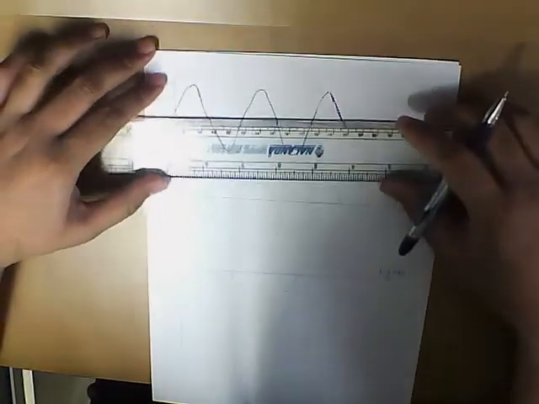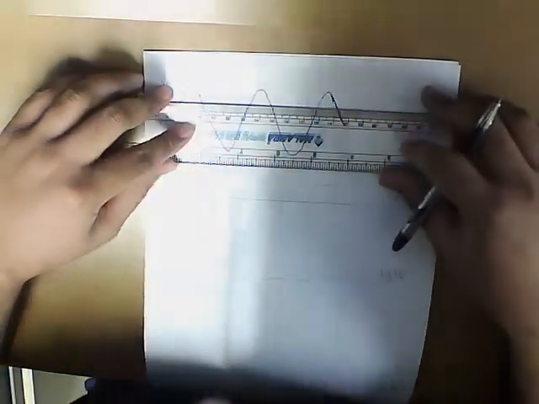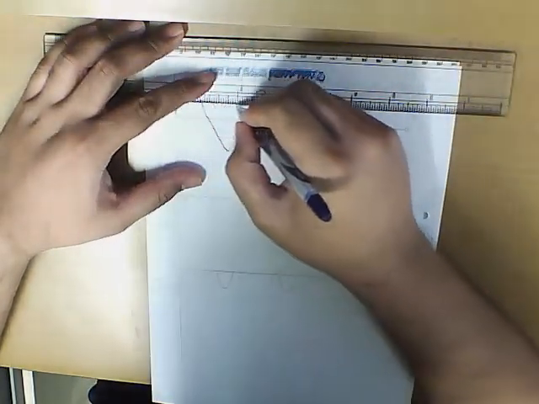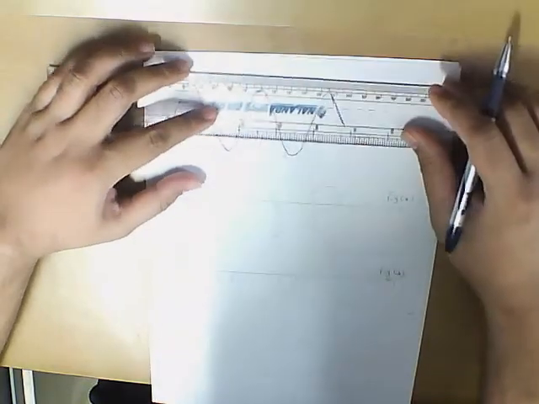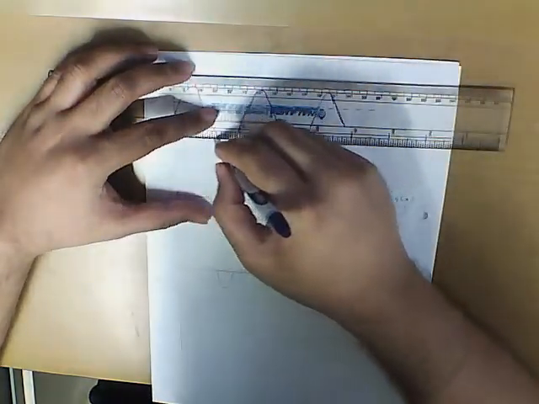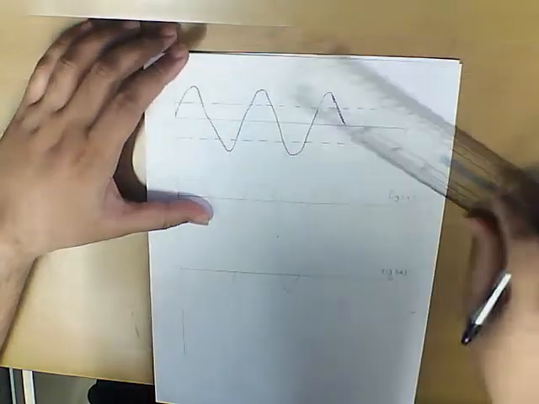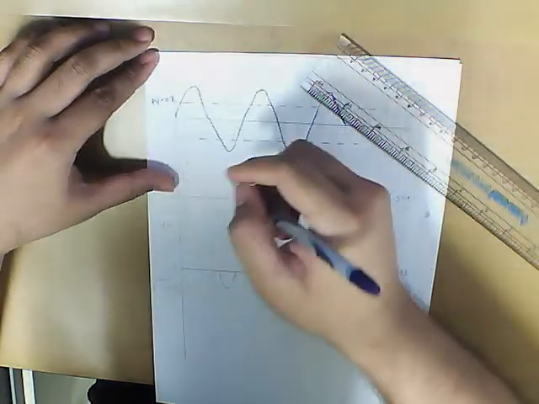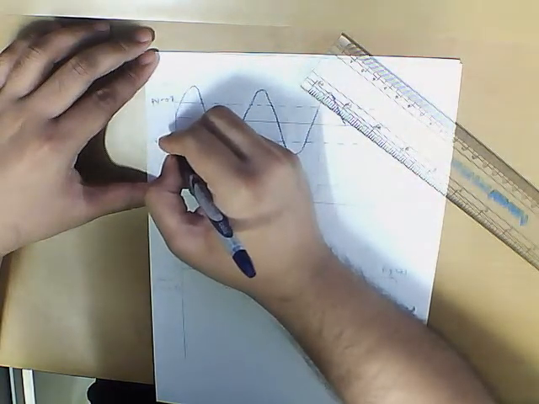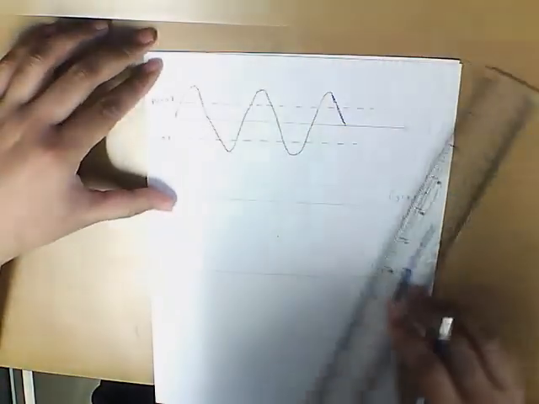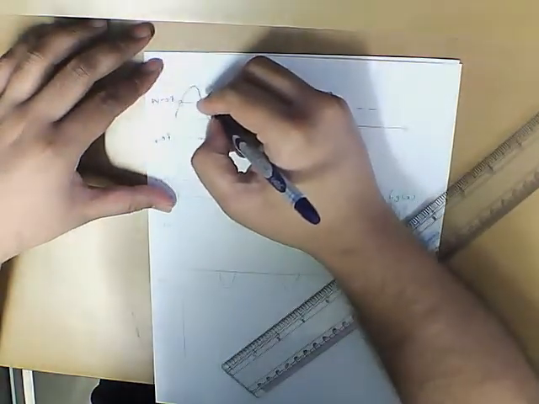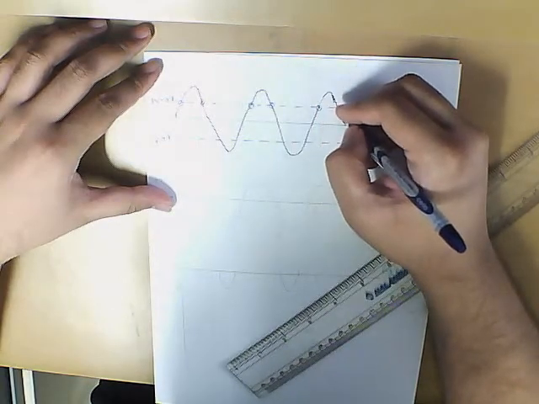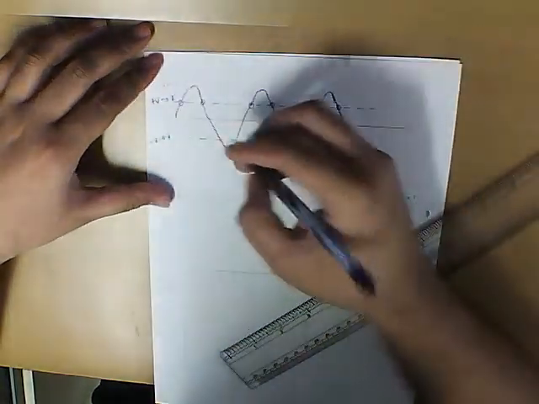The first reference is plus V minus 0.7, so that is going to be positive. The second is minus V minus 0.7, so that's going to be negative. Again we have some reference points. Remember, this is a positive clipper, which means it is going to clip everything above the reference.